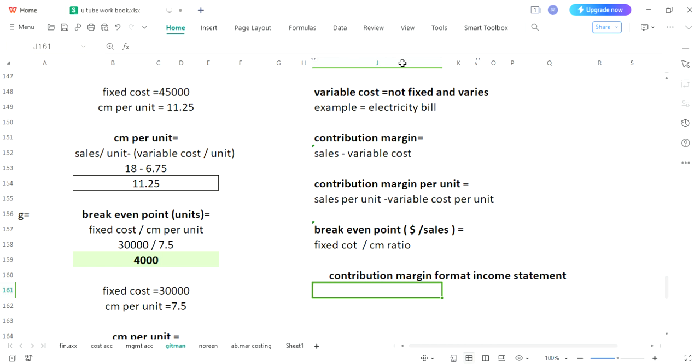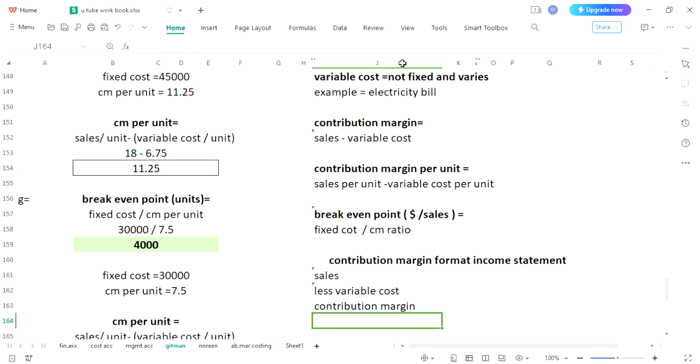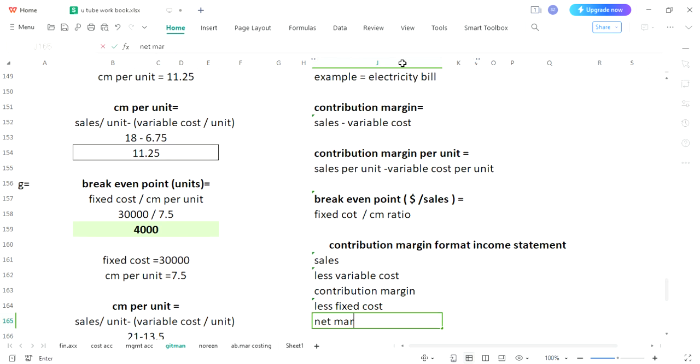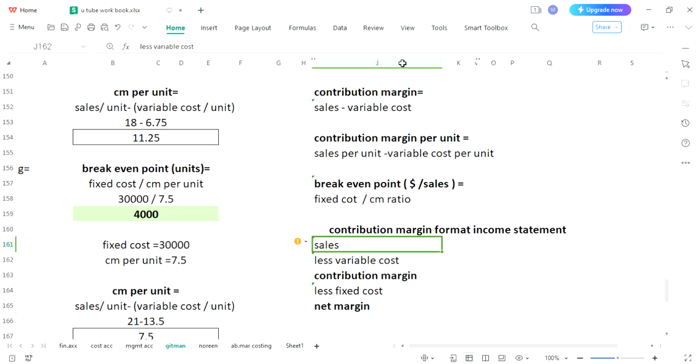This income statement includes first sales, then you will subtract your variable cost, you will get contribution margin, then you will subtract your fixed cost, you will get your net margin. Okay, these are the two main headings which you will calculate.